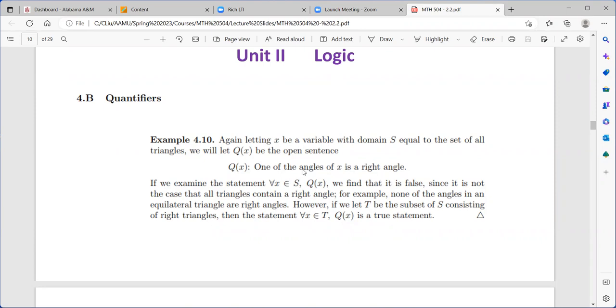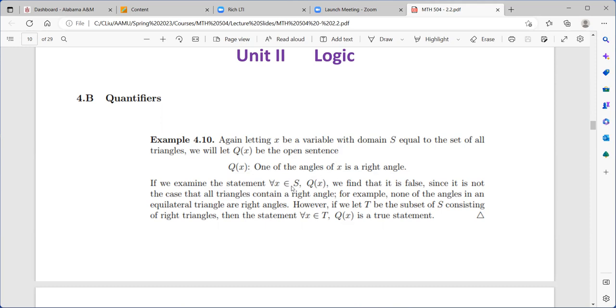Obviously, we have different types of triangles. Right triangle is just one of those. So if you just pick any triangle, you can easily find there's no right angle in that triangle. So that's false. So this whole thing is false.